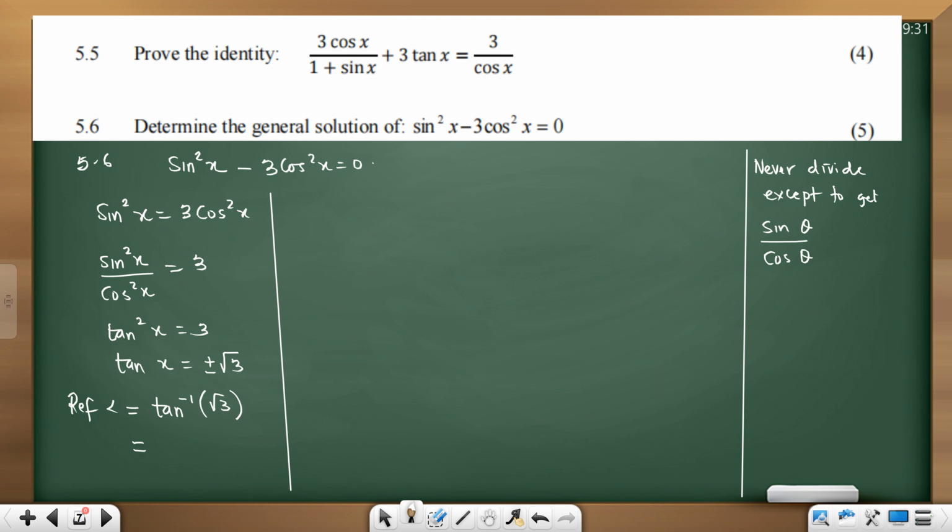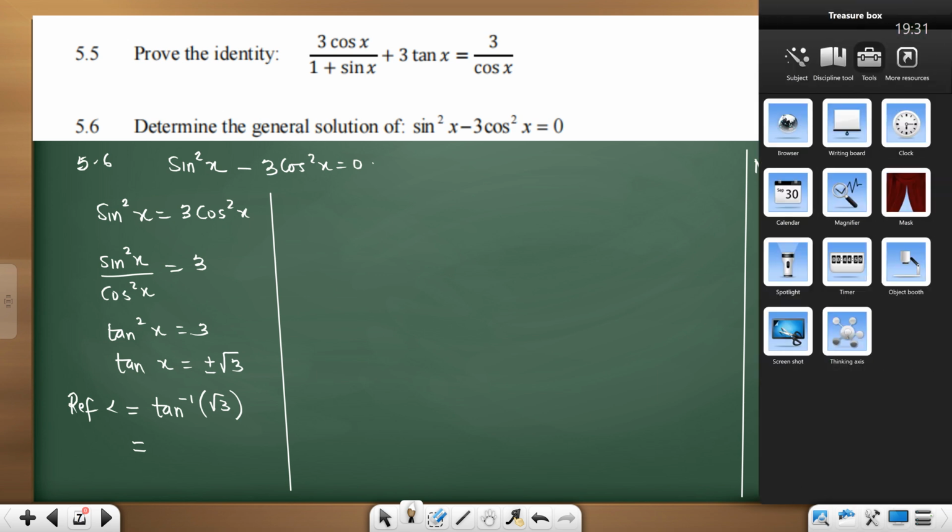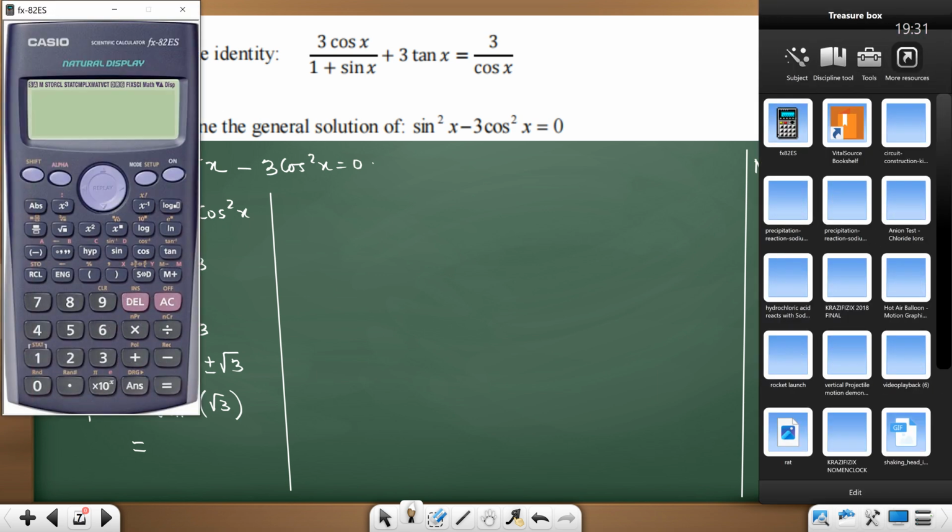That is a special angle. But in this case, let me show you how to get that in case you don't know. All right, shift tan root of 3. Make sure you close the bracket. Oh, I didn't close the bracket. 60. It's a special angle.